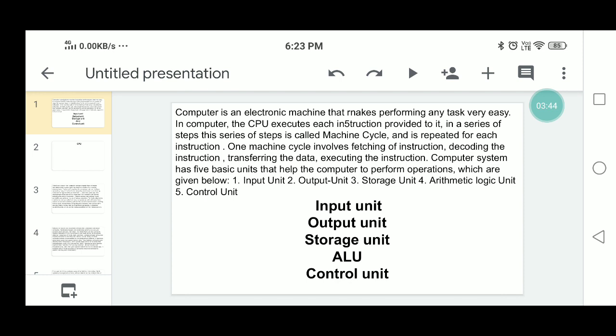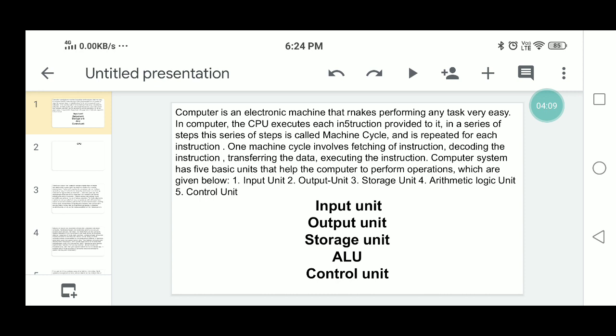The next, the memory storage unit. The basic function of this unit is that it stores the data, instructions and final results in the system so that it can deliver them on the demand of the user.